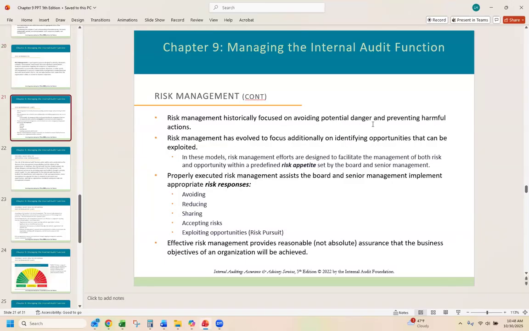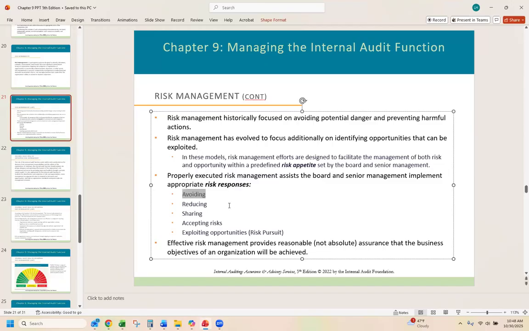Continuing on with it, avoiding potential danger and preventing harmful actions. So, trying to make sure that no one's really doing things that they shouldn't be that's harmful to the company. Additionally, identifying opportunities that can be exploited. So let's jump down here to this list. So these risk responses is where management comes up and says, we know all these risks, how are we going to respond to them? So are we going to try and avoid it?